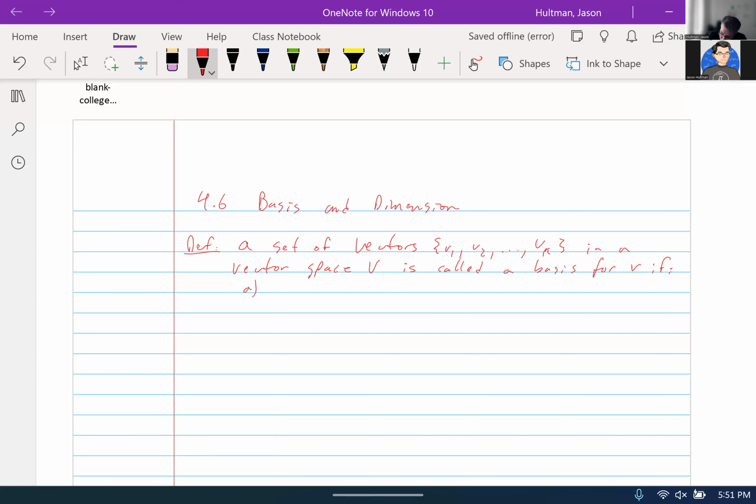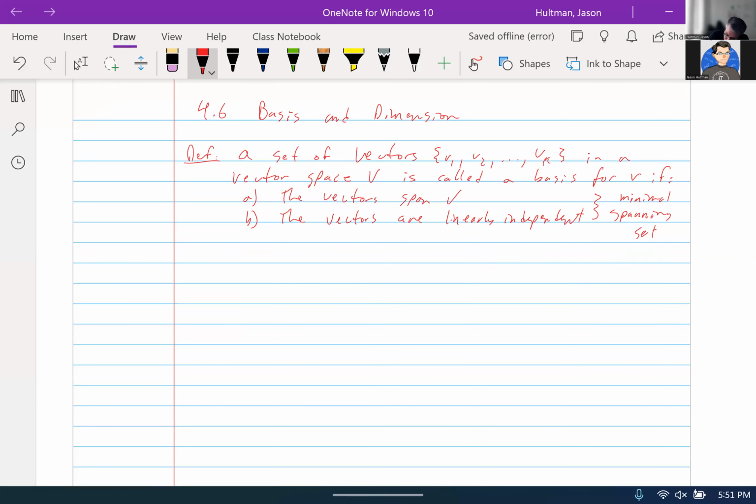A, the vectors span V. And B, the vectors are linearly independent. And this will create what's called a minimal spanning set. Minimum number of building blocks we need to span a vector space. Minimal spanning set.